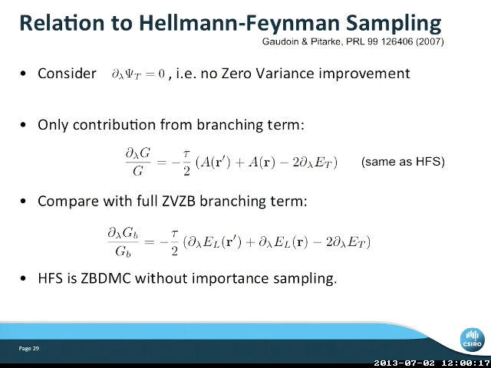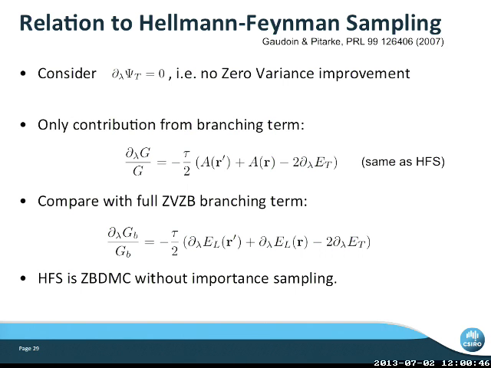So the del Q that you had before would go to 0. There's no contribution from drift diffusion. And this is identical to the Hellmann-Feynman sampling expression, which in itself is virtually identical to the Baroni and Moroni forward walking expression, which in itself is almost the same as the Nightingale expression that I showed at the beginning. So they're all related in certain ways, they're just slightly different ways of doing it.